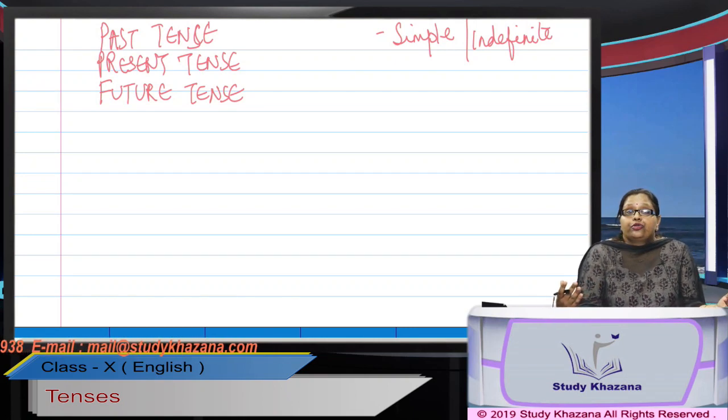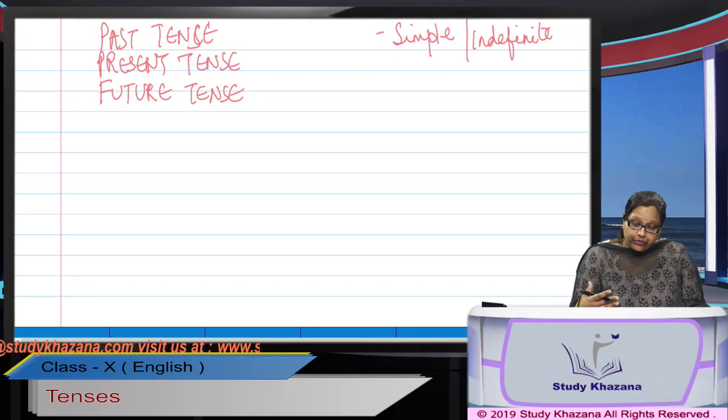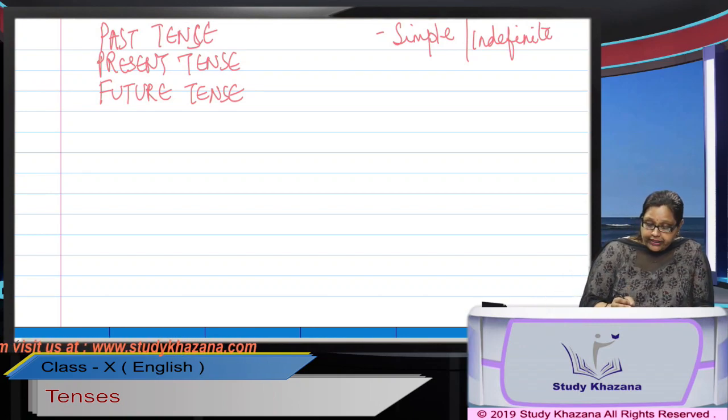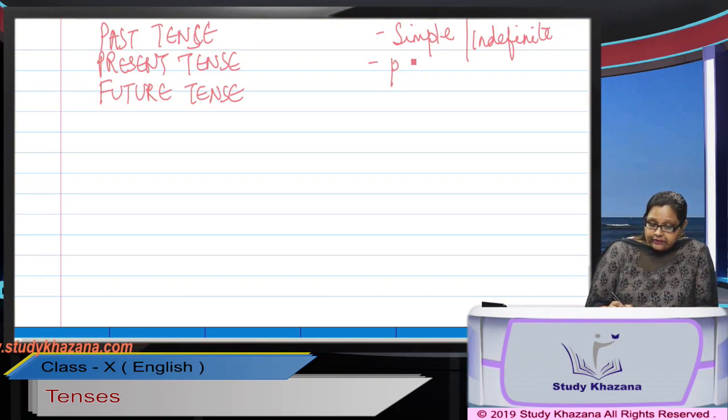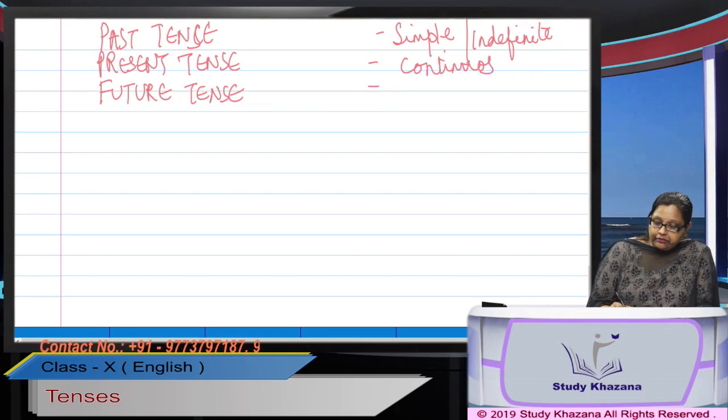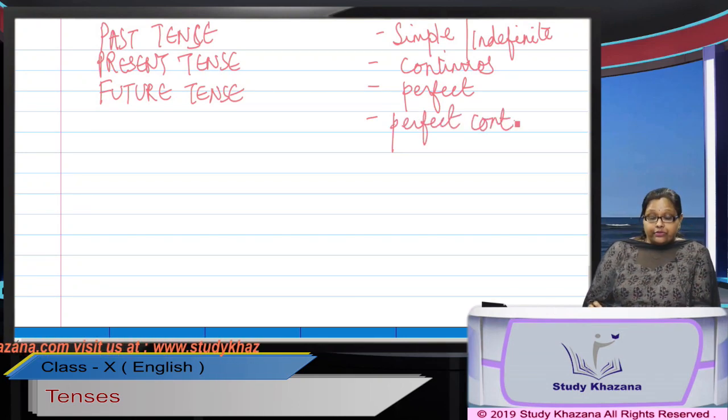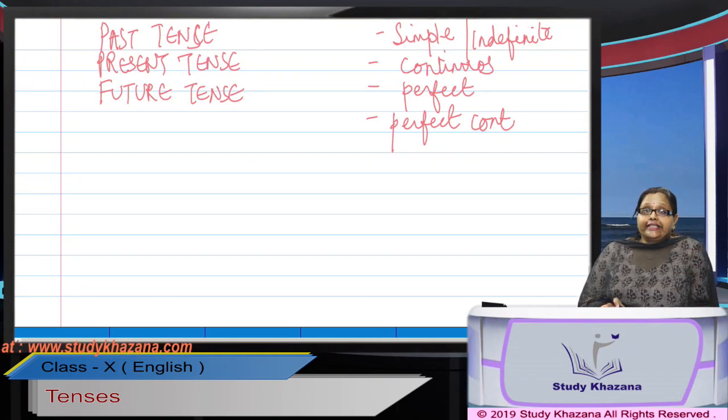It is something that happens every day, so we use the indefinite form. The second one is the continuous form. The third one is perfect, and the last one is perfect continuous. So these four categories are found in all the tenses.